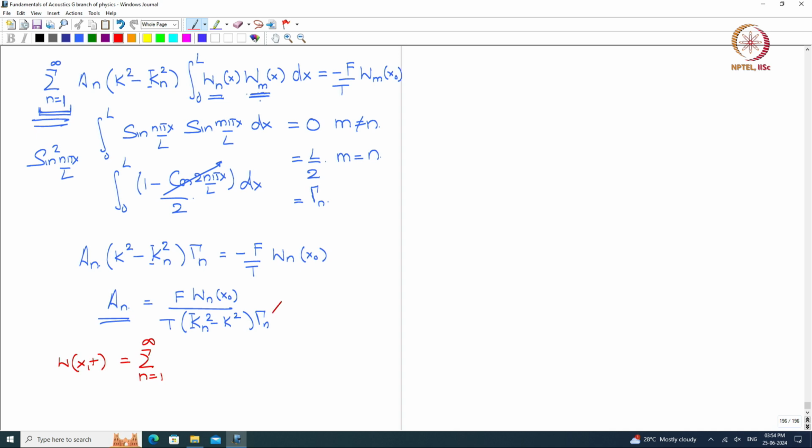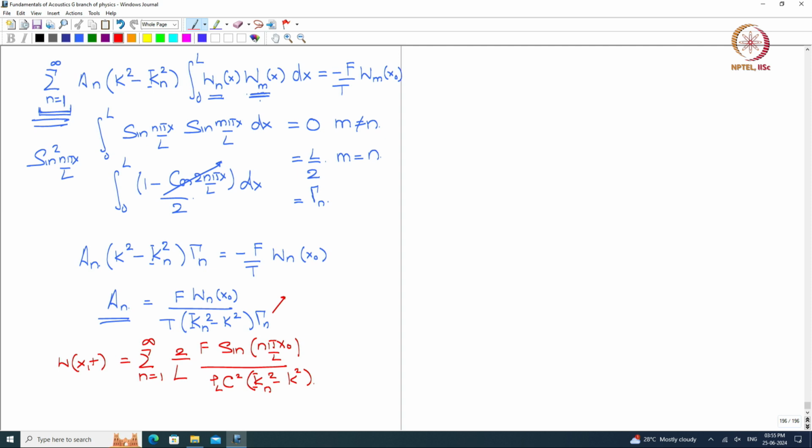I suppose the gamma n value we can take as L by 2, so 2 over L, f sine n pi x naught by L, where the force is being applied, then rho L c square into k n square minus k square.